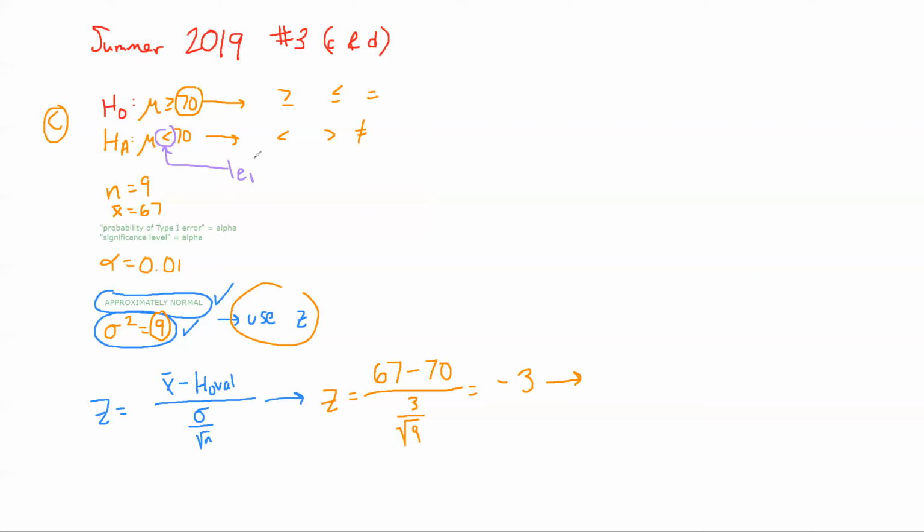Because it's a left-tailed test, we're going to use normal CDF of -100 comma our z-score, so normal CDF of -100 comma -3. If you do this, you're going to get a really tiny p-value, something like 0.0015-ish.